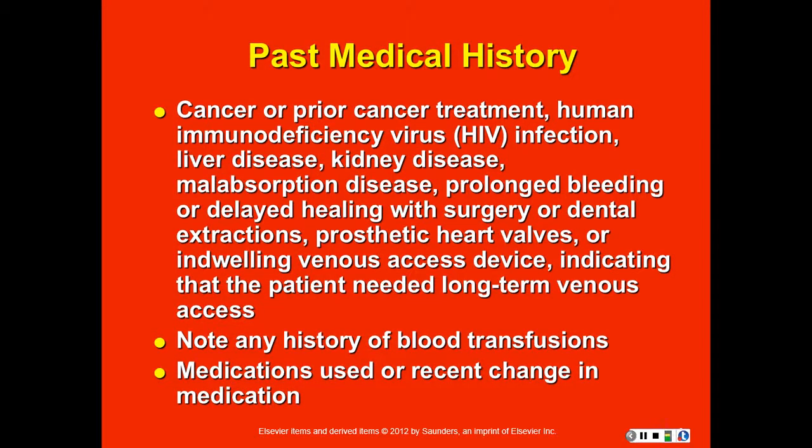We're looking for things like antibiotics, because antibiotics can affect your clotting, and they can also depress the bone marrow. We're asking about blood thinners and NSAIDs, because those cause changes in their clotting ability.